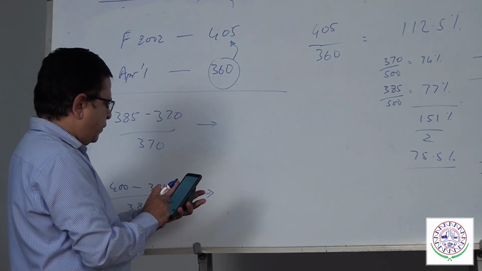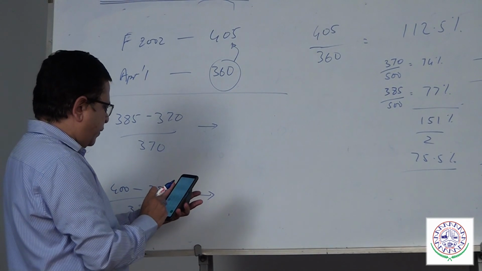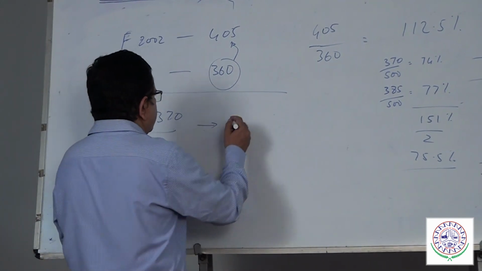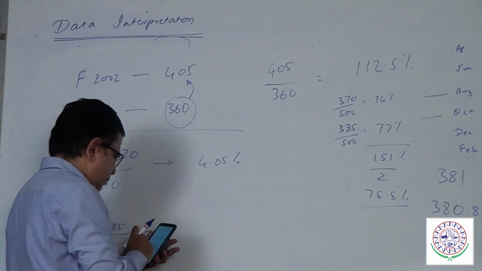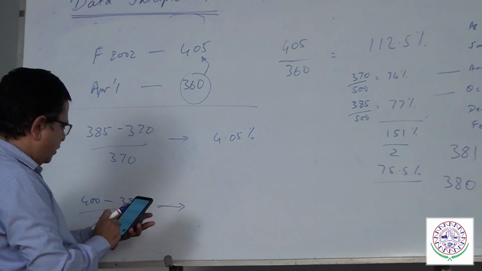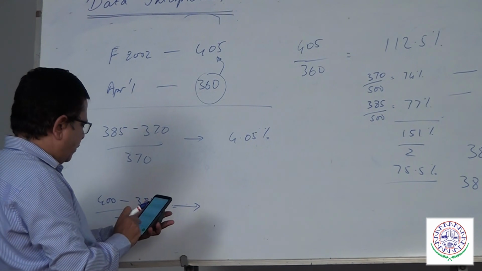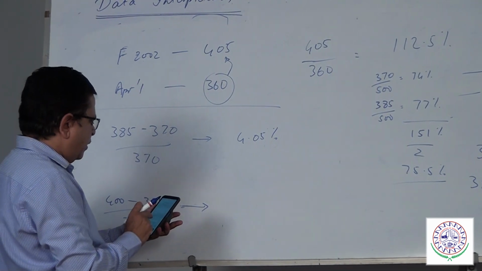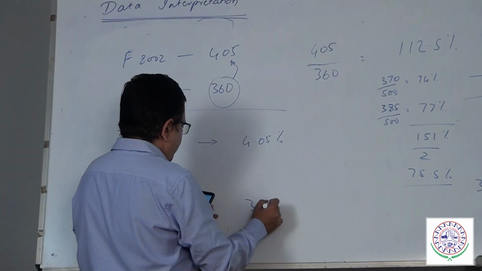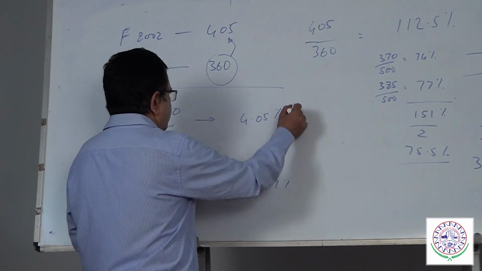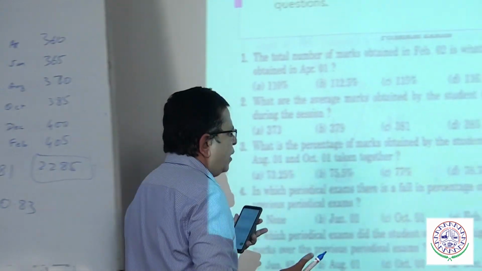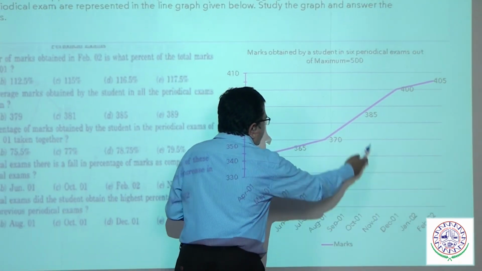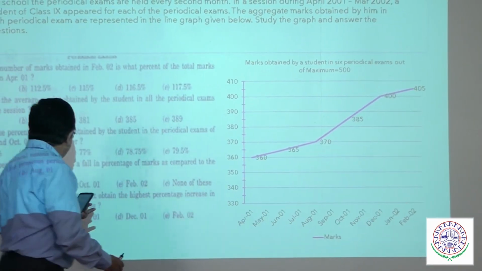So 15 divided by 370, this percentage is 4.05% increase, and 15 divided by 385 is 3.89% increase. So percentage increase has happened in October 2001.